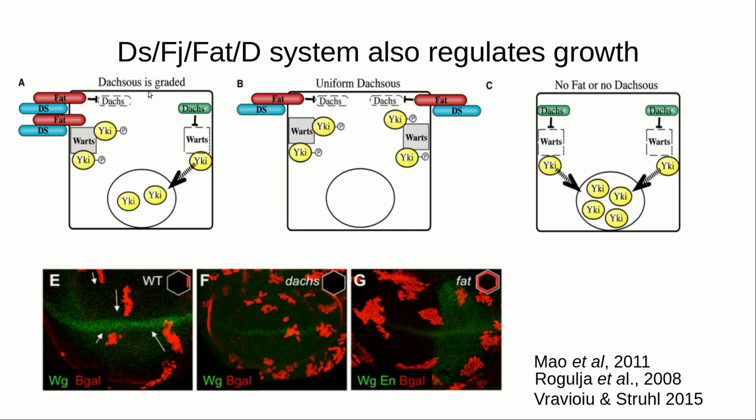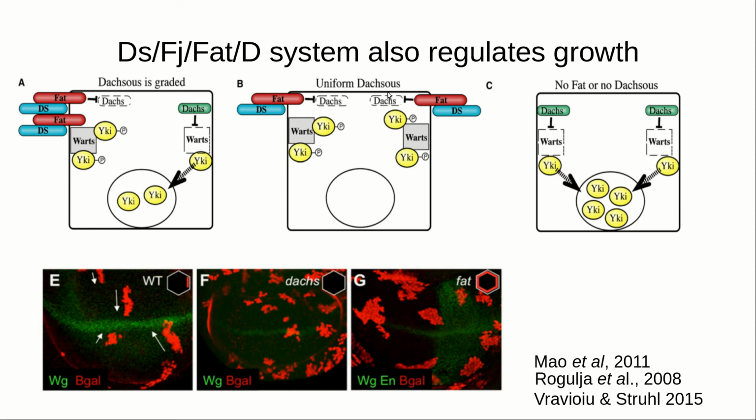Finally, it's important to mention that the Dachsous and Four-jointed system also regulates growth. Okay, so that's myosin represses Warts kinase, which in turn represses Yorkie. So whenever that is present, Yorkie is active and can go into the nucleus and activate growth.